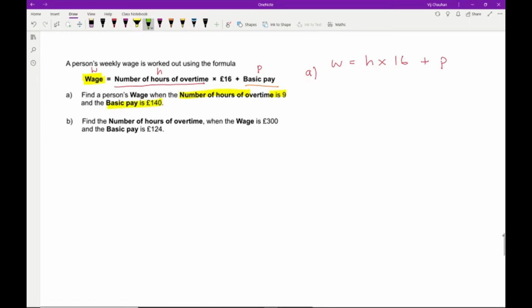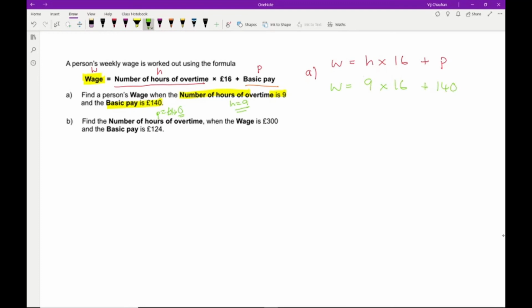So H equals 9 and P is 140. So all I'm going to do is swap these numbers into this formula. So I've got W equals H, which is 9, times 16 plus 140.